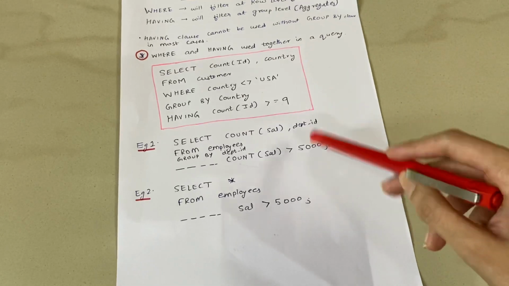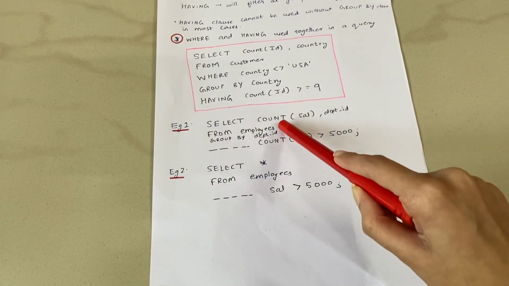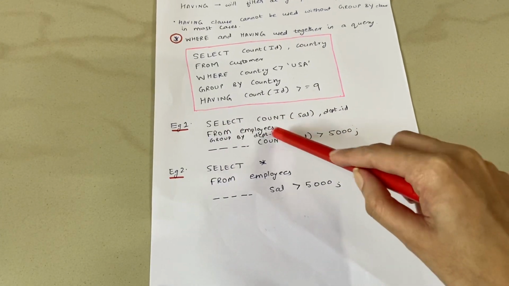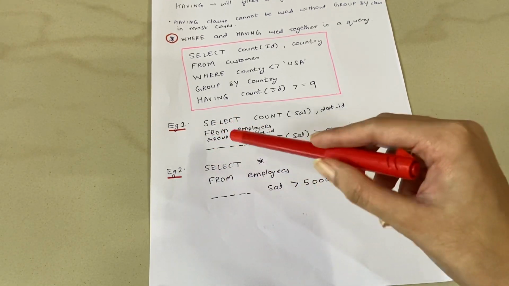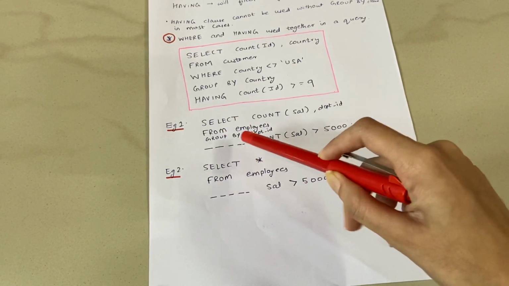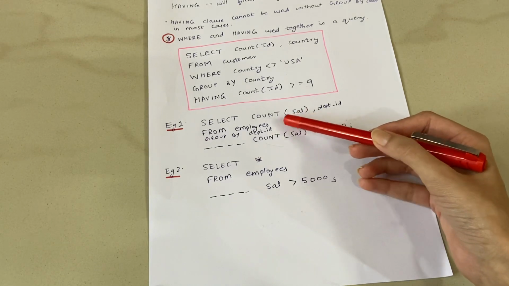But before that, let's see these two examples. Okay, now SELECT COUNT(sal), department_id FROM employees GROUP BY department_id, and I have written a dash over here to discuss whether we have to write WHERE or HAVING over here. Okay, dash COUNT(sal) > 5000. Now what is count? Count is an aggregate function.